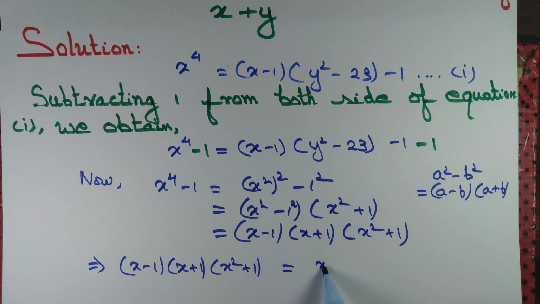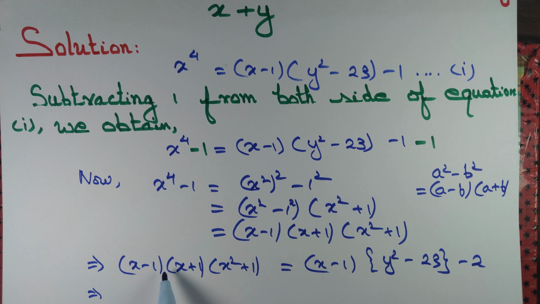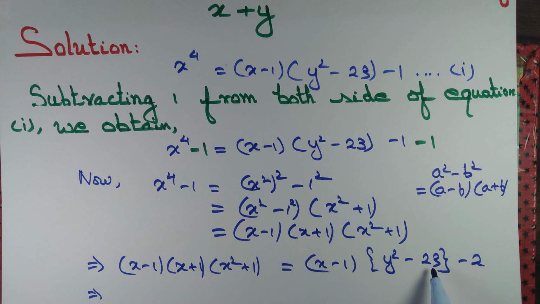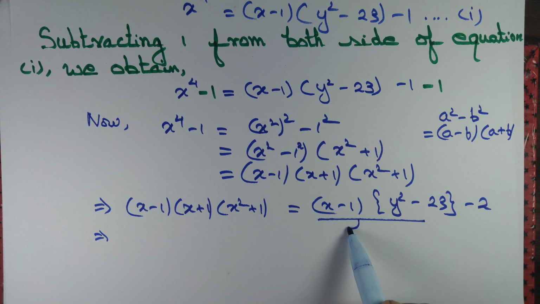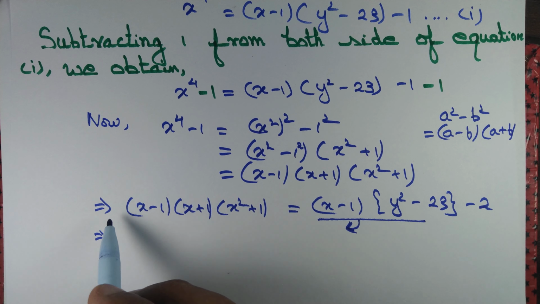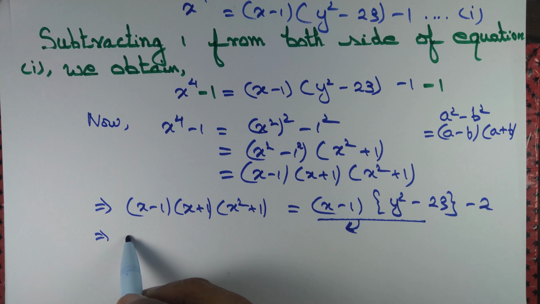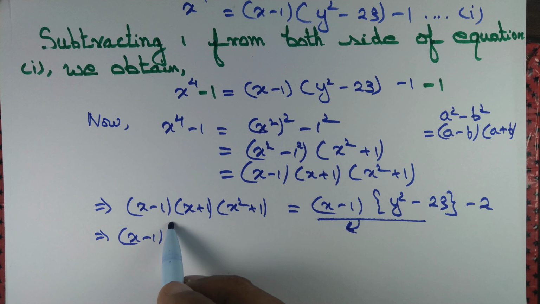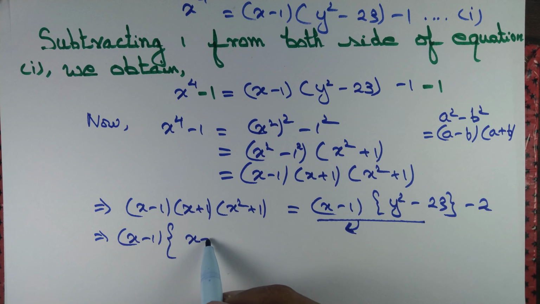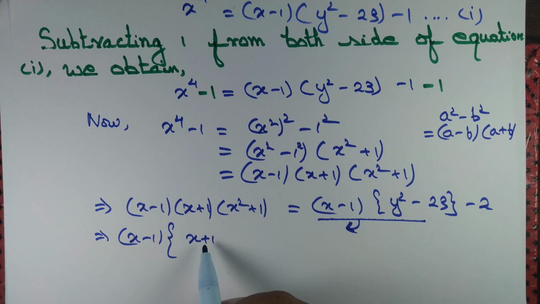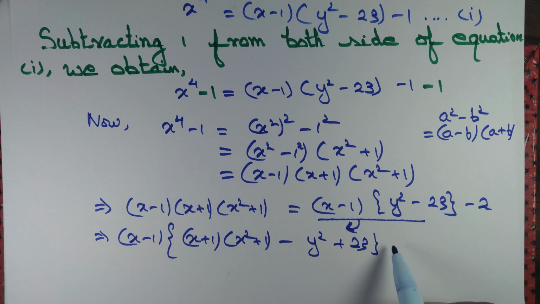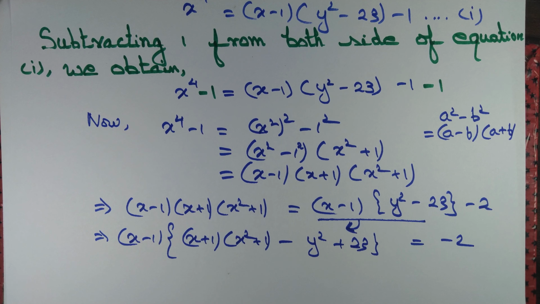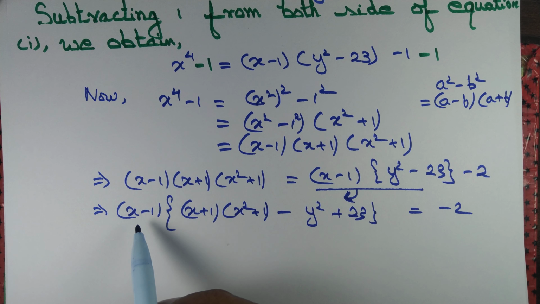See, this quantity is a multiple of x minus 1, and so is this. Let's write this to the left hand side. We bring it to the left hand side and take x minus 1 common. Once I take x minus 1 common, we will be left with (x plus 1)(x square plus 1) minus (y square minus 23) equal to minus 2. You see that this is an integer.